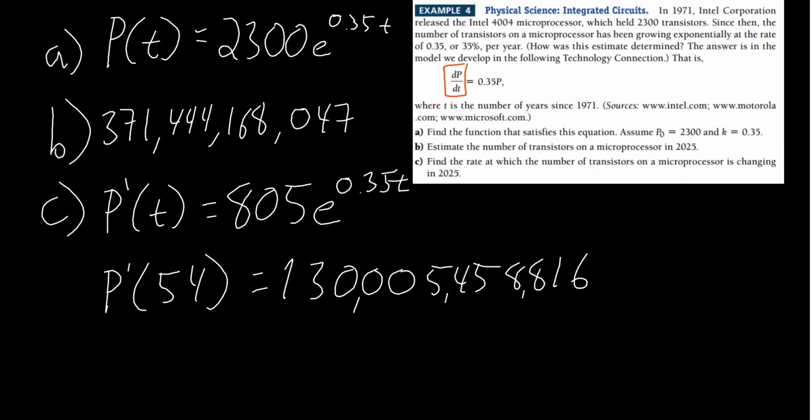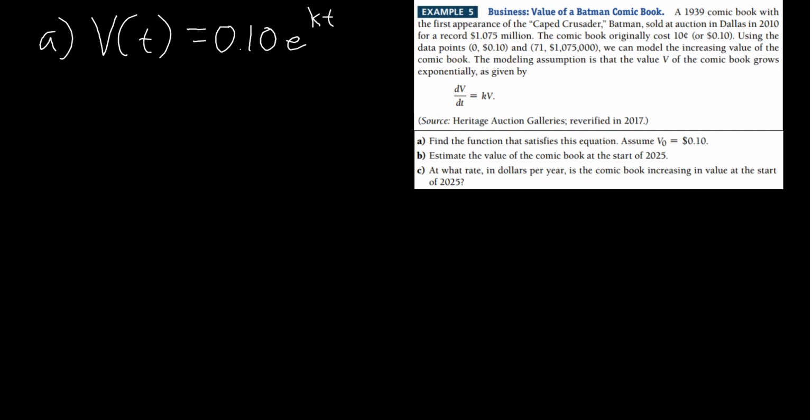So how do we solve for k here? And again, this is just going back to previous math courses, pre-calculus, college algebra. We have to find k in order to proceed with this problem. Well, we are told two data points here. When x is 0, y is 0.10, and when x is 71, y is 1.075.